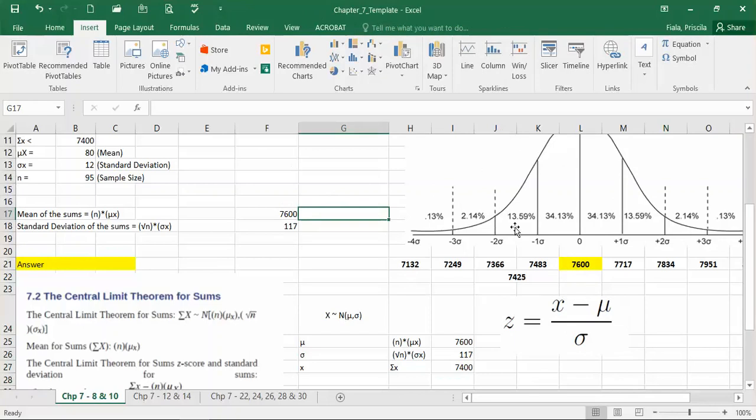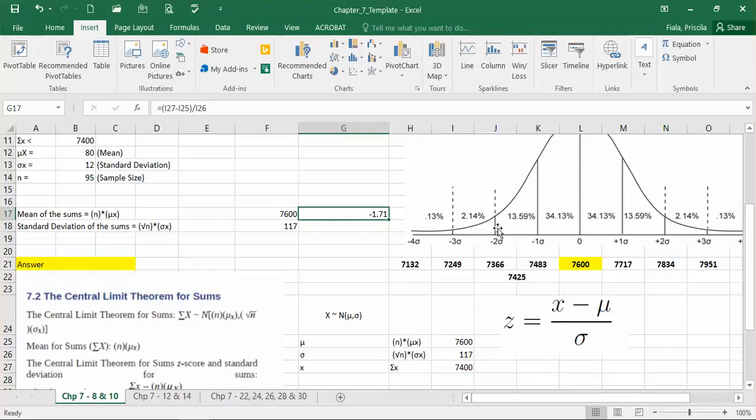So we're going to have to find the z-score first, which is going to be your x value, remember, the sum of all values, minus your mean, divided by your standard deviation. And then you got a minus 1.71.